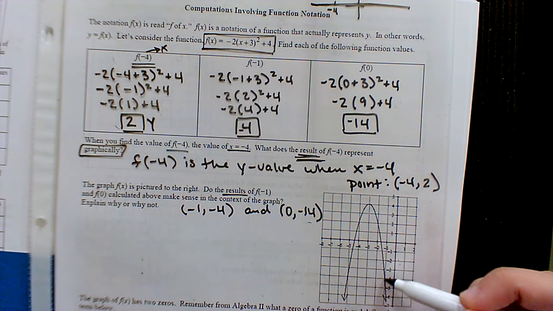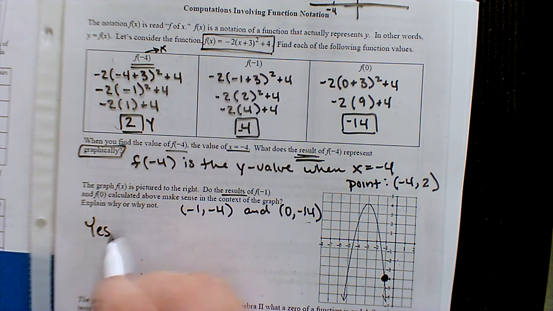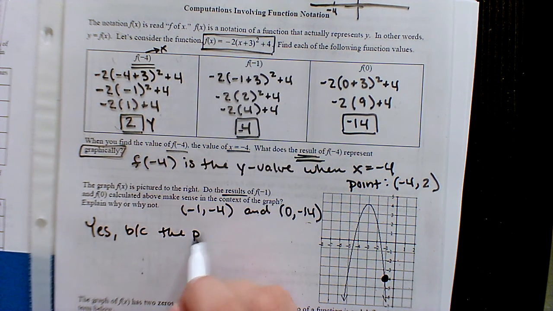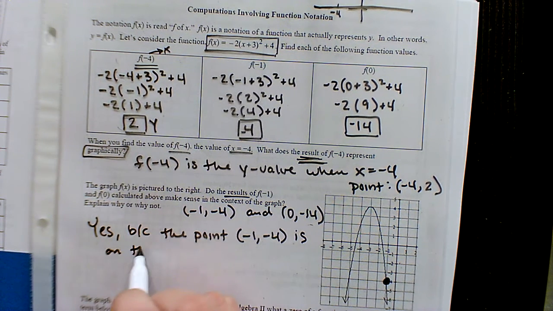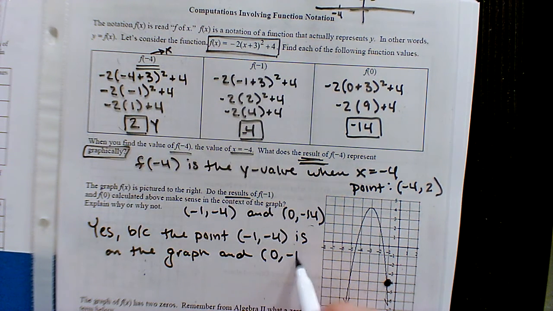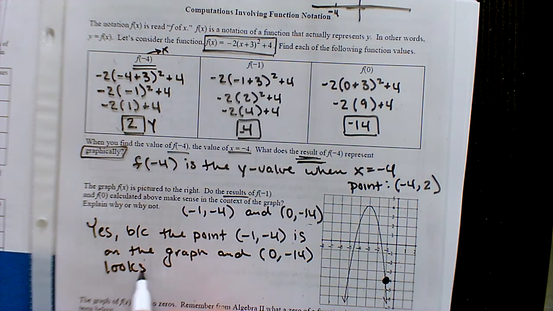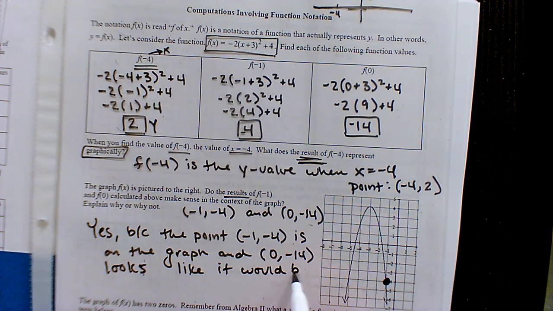Yeah? -1, -4, notice how that's on the parabola, right? Can we see 0, -14 though? Not quite, because that's your y-intercept. We don't really go down that far. So do the results make sense in terms of the graph? Well, I'd say yes. Explain why or why not. Because the point -1, -4 is on the graph, and the other point, 0, -14, looks like it would be on the graph.